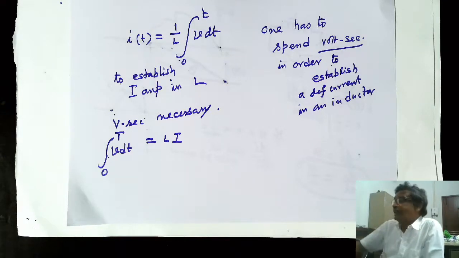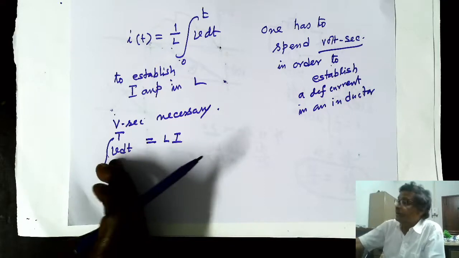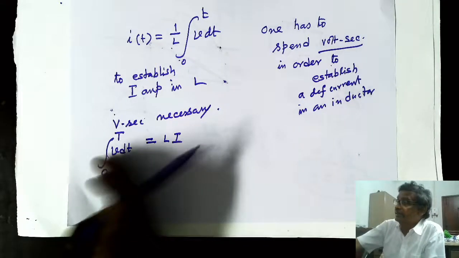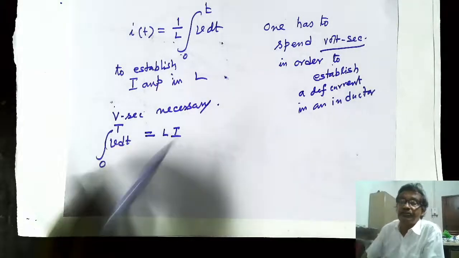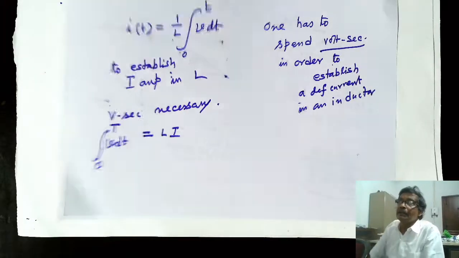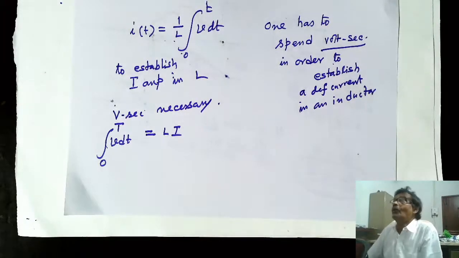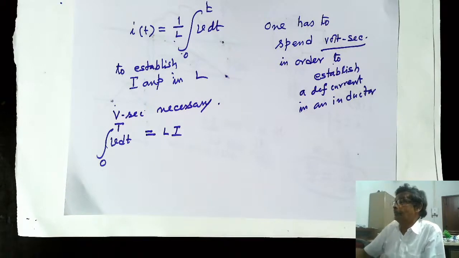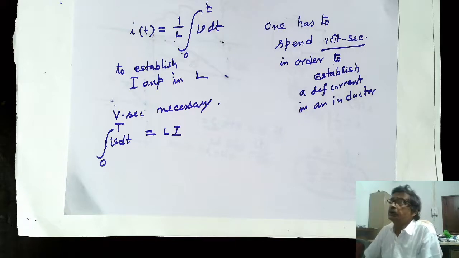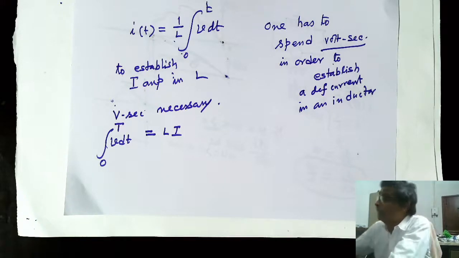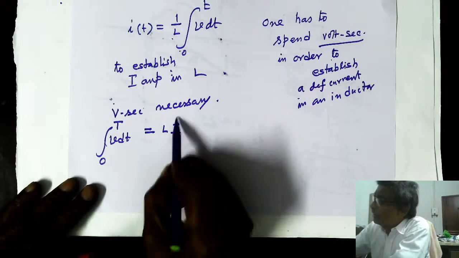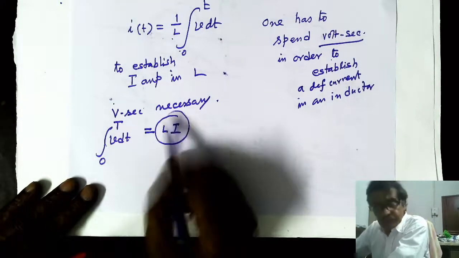That is what I am telling. Now on the left hand side of this equation, to establish current, L I, this is the area under the curve of voltage and time. Now I know, therefore, to establish a given amount of current, I can use different kinds of voltages, positive voltages if you want to establish positive current. For example, the amount of volt second necessary is known to me.